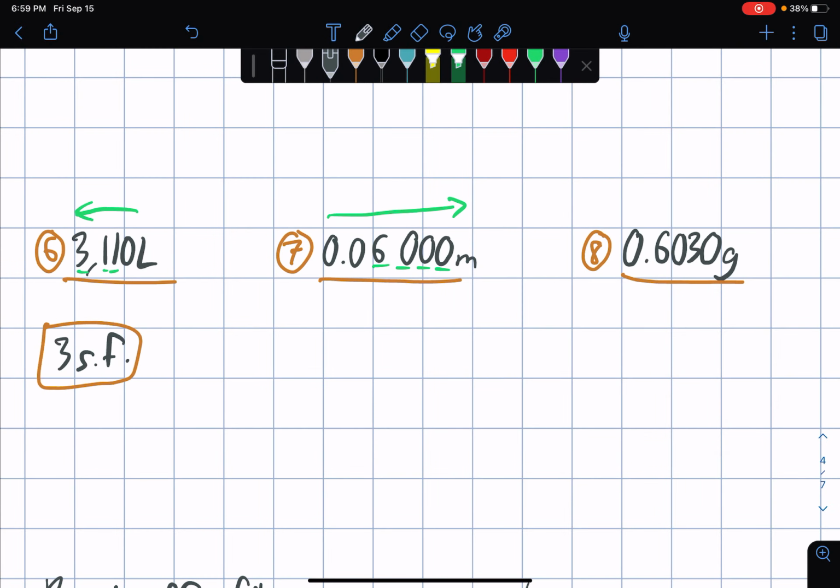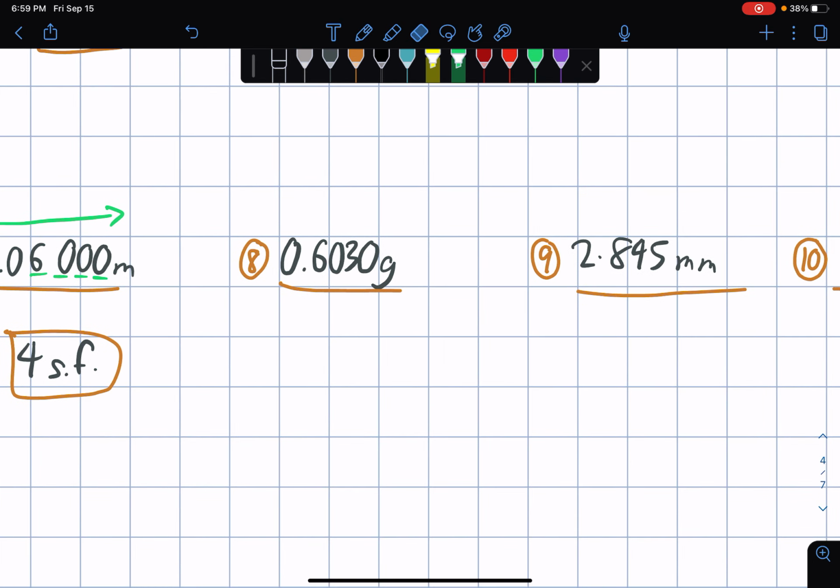Had it not been for the 6 here, then these 3 zeros would not be significant. So in total, we have 4 significant figures for number 7. Number 8, we count to the right: 1, 2, 3, 4.